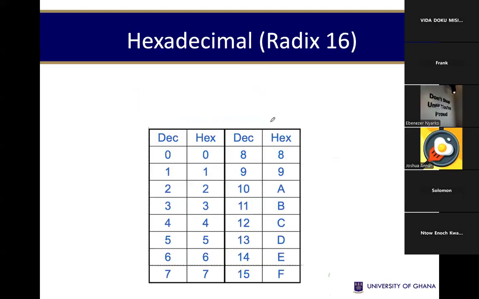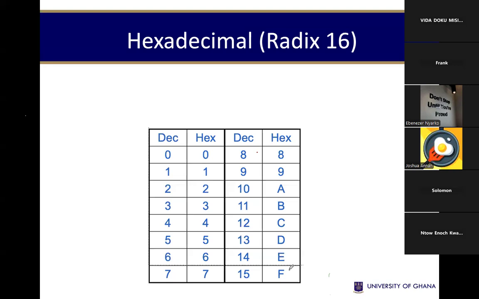So we go to hexadecimal quickly. For hexadecimal, all we want is to understand how we can easily get the various decimal equivalents. 10 is A, 11 is B, 12 is C, 13 is D, 14 is E, and lastly 15 is F. That's the key thing when it comes to hexadecimal.